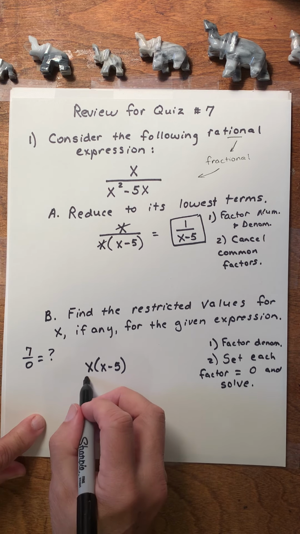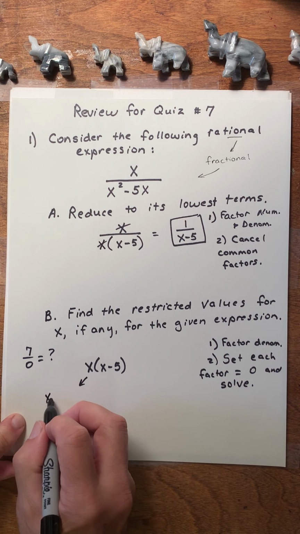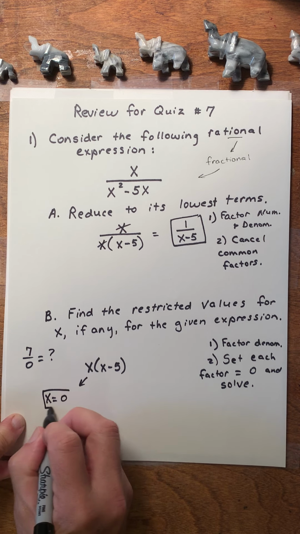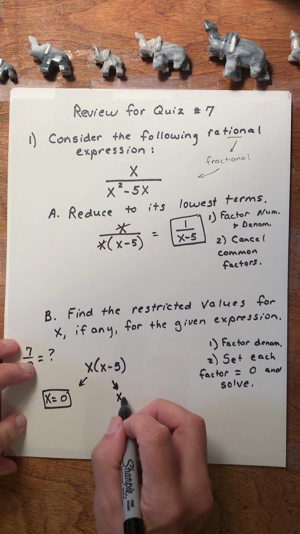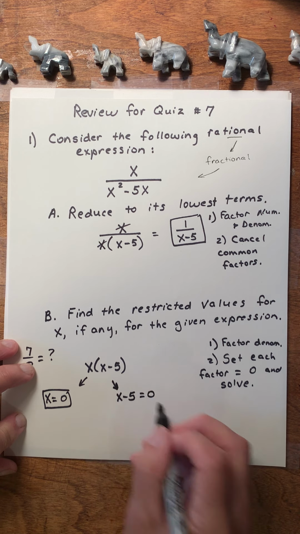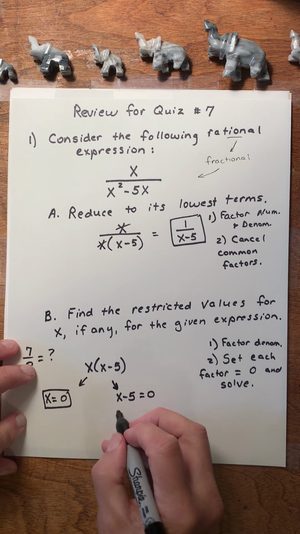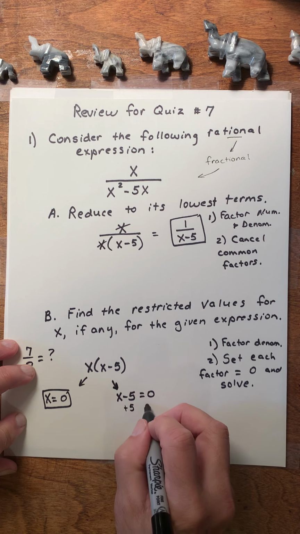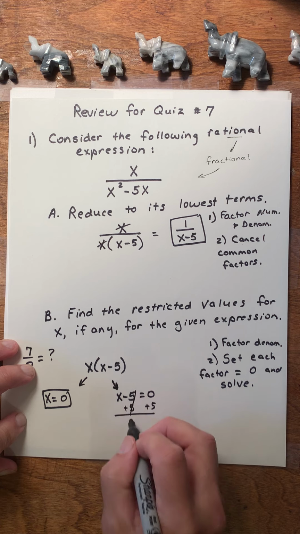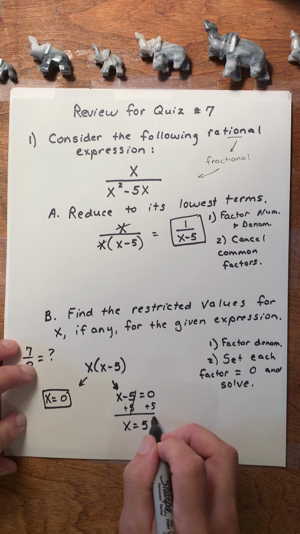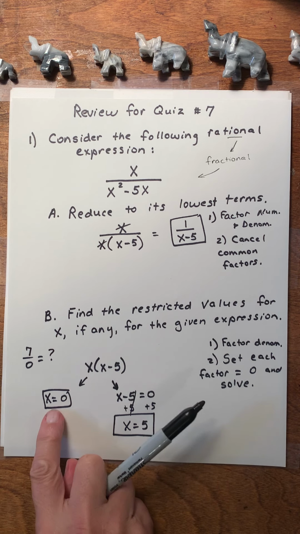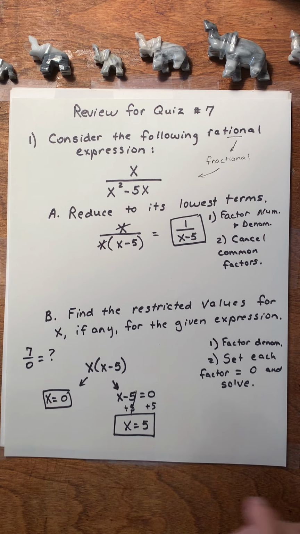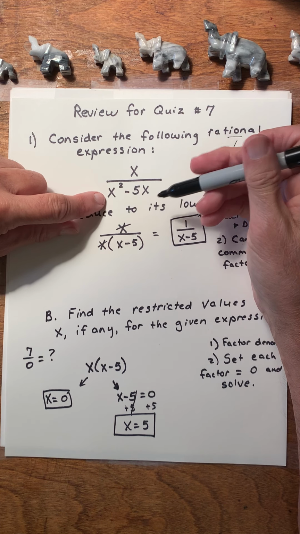So the first one is just plain old x. That was easy. The second one is not going to be difficult. I set it equal to 0 and solve. That means get x by itself. So find the restricted values. There they are. X can't be 0. X can't be 5.